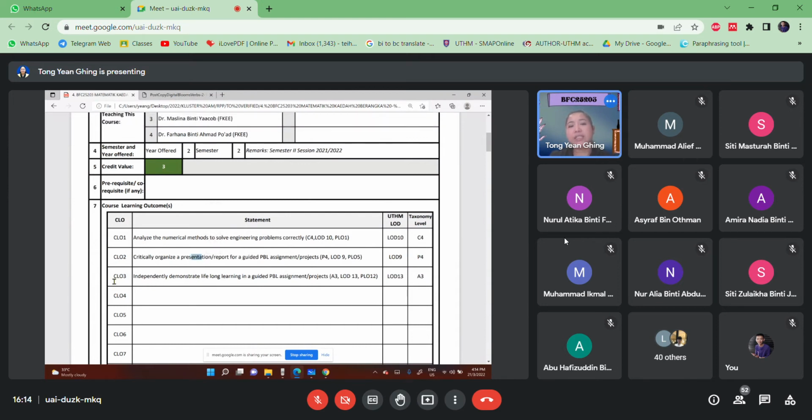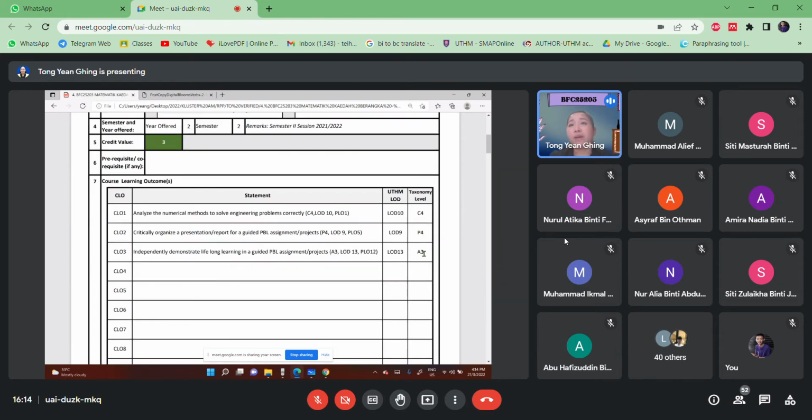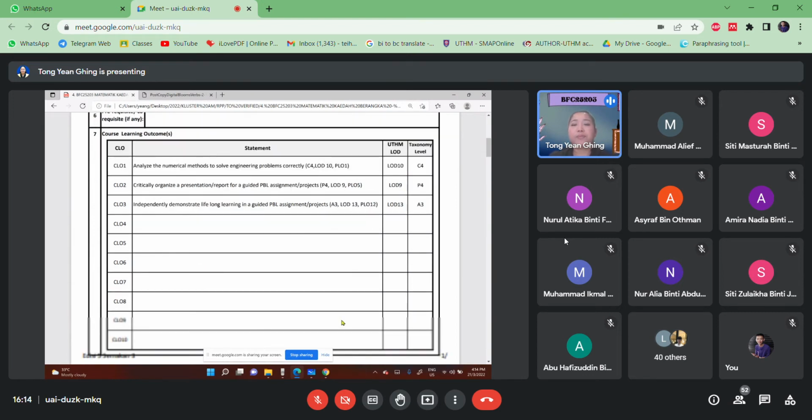The third learning outcome is independently demonstrate lifelong learning in a guided PBL project. This one will be 7.5 marks, 7.5 marks. So the rest, out of 100 marks, we will test you based on the cognitive. Meaning, use your brain now.